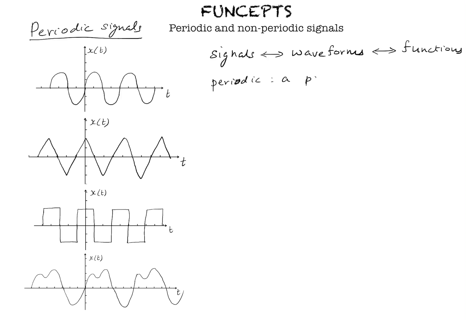So if you look at these 4 signals or waveforms that are shown here, we see that the waveform starts from this point and completes one cycle, and then this pattern repeats itself over here, and then there is a second repetition here, and so on.